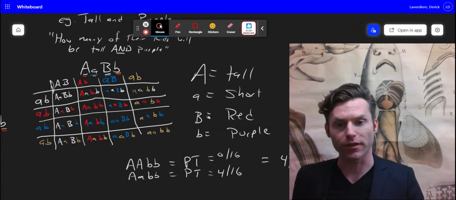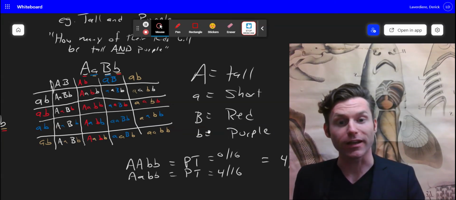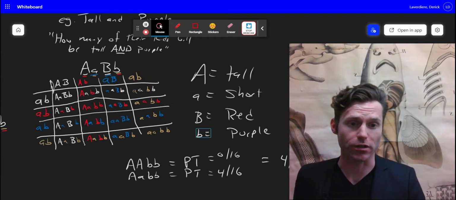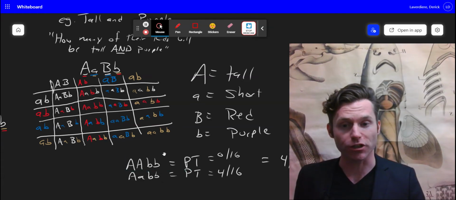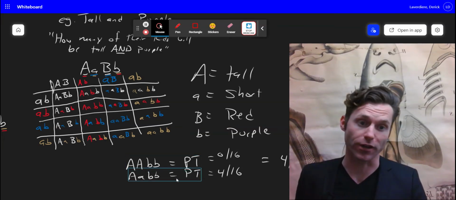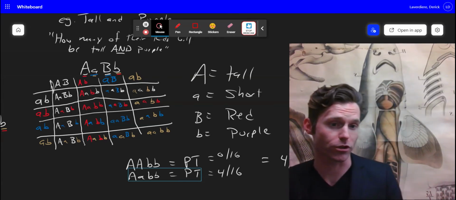And for the second trait, for color, since purple is recessive, it needs to be homozygous in order to look purple. So only homozygous will work for this second trait. So I'm looking for either combination here, homozygous, homozygous, or heterozygous, homozygous. Any babies with these two genotypes will have the phenotype of purple and tall that I'm looking for, or tall and purple, whichever way.